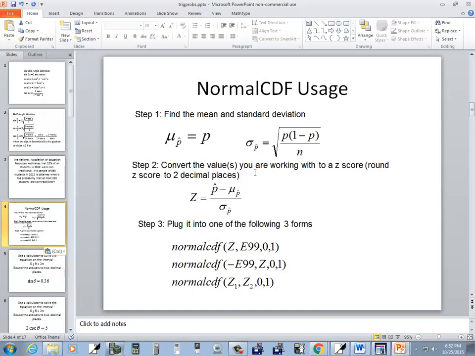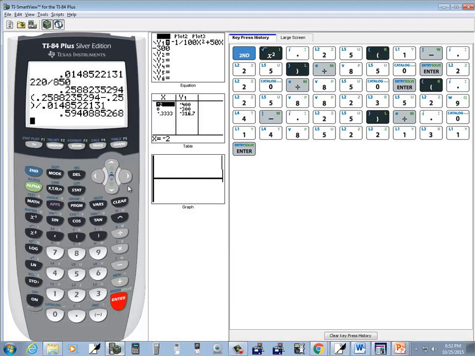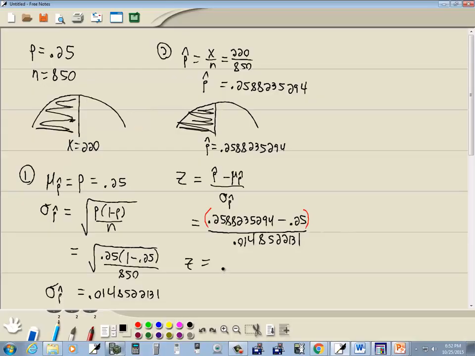Now notice here it says round to 2 decimal places. So this one we're going to round, let's see, 0.59.